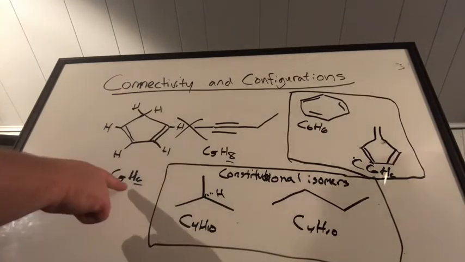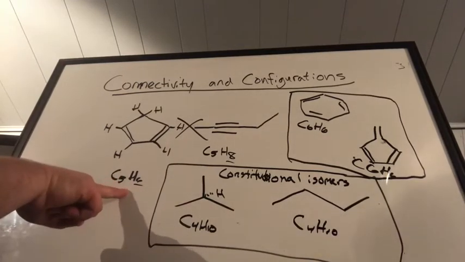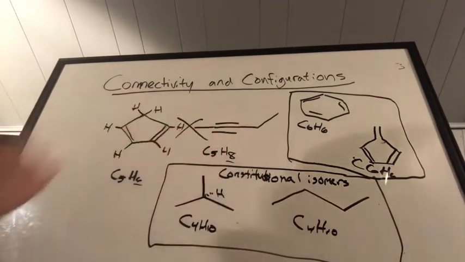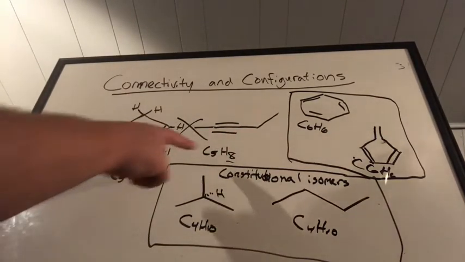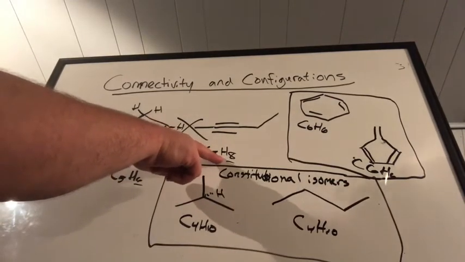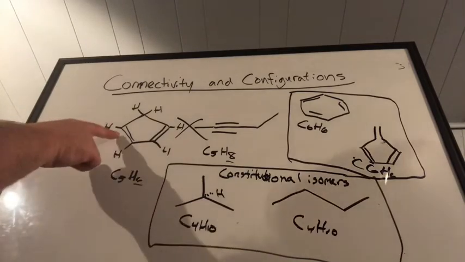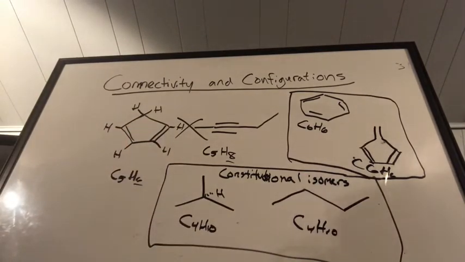So notice how I had C6H6 here, C5H8 here. So I had the same count of carbons, but I had more hydrogens on the right side as opposed to the left. Okay, so each one of these double bonds that you see is going to be one hydrogen deficiency.